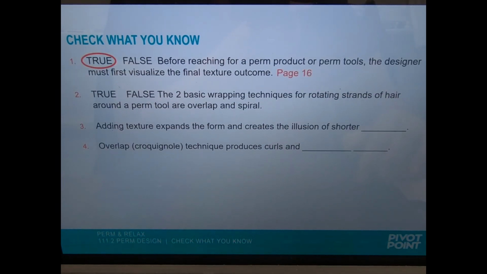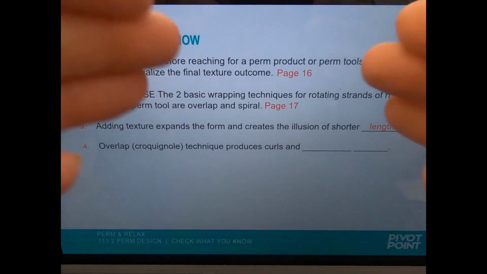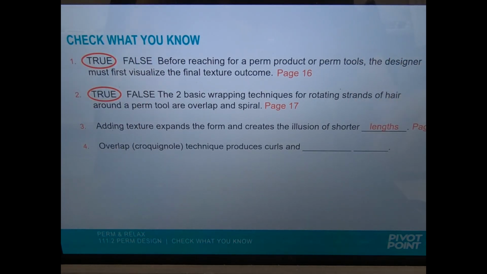Okay, number 1. True, you must visualize. You must know what the desired outcome is. Curly, wavy, what they're going for. Number 2, true. Overlap and spiral are the 2 basic wrapping techniques. Number 3, when you add curl, it will expand the form, make it wider, and it will create the illusion of shorter lengths.